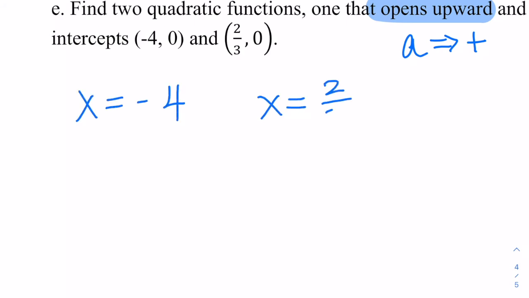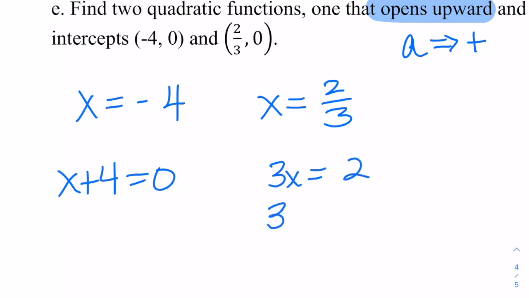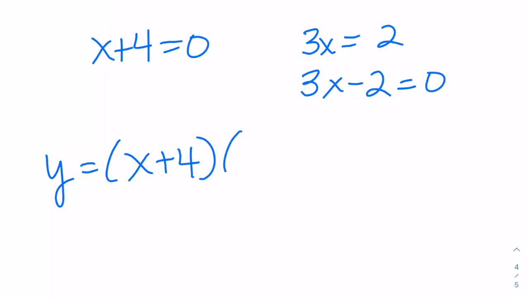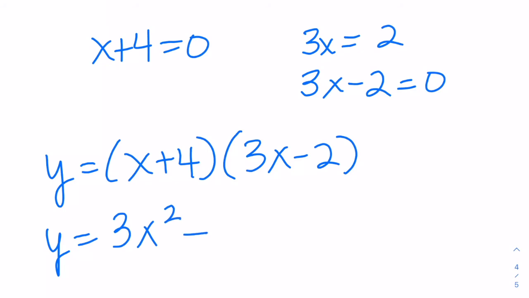And to find the factors, we can add 4 to make that equal to 0. Multiply this by 3 and subtract 2 to get that factor. So essentially the equation will be (x plus 4) times (3x minus 2). We can FOIL it, so we get 3x squared minus 2x plus 12x minus 8.